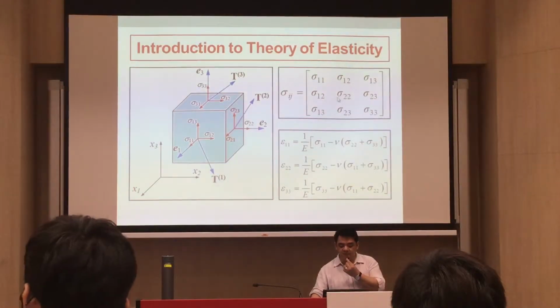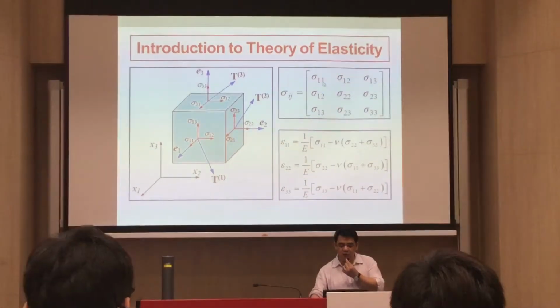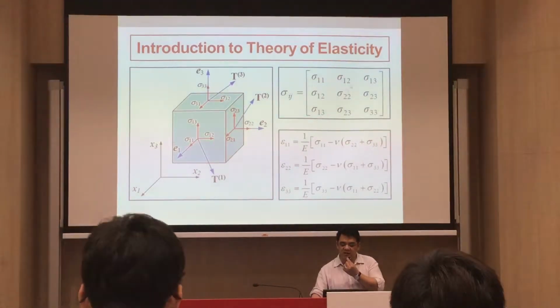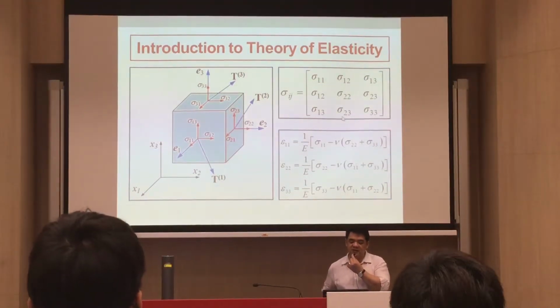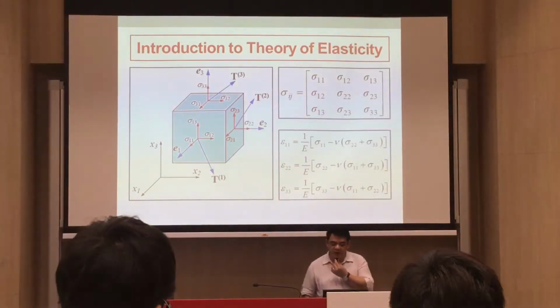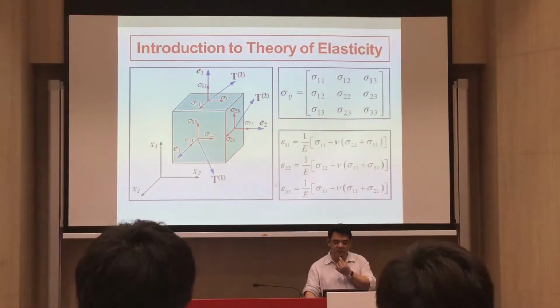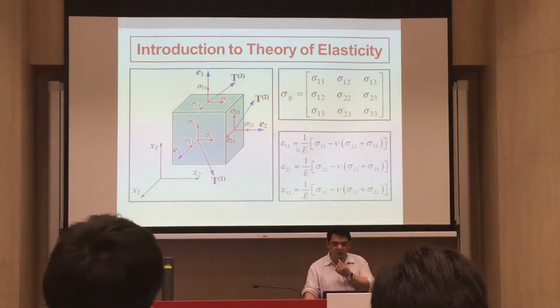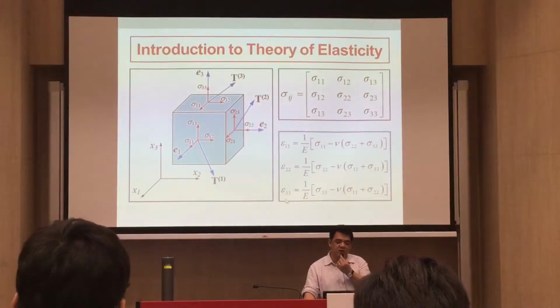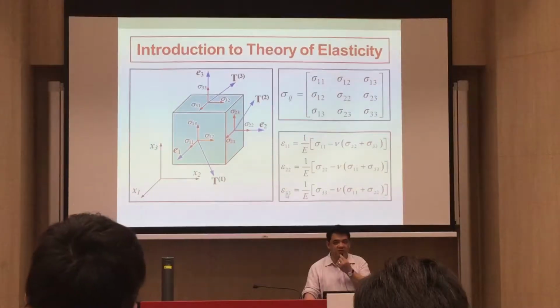So here you will have the so-called 3 normal stresses and 6 shear stresses. From Hooke's law as well, we will be able to determine your equation of strains, normal strains, that is.